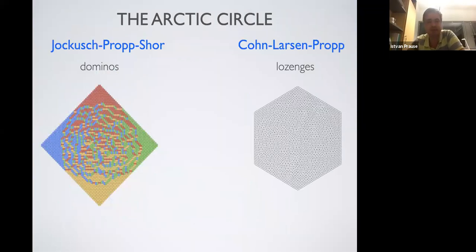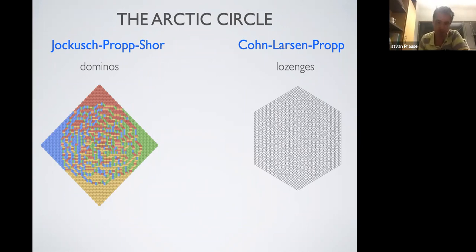So this formation of facets, what we have seen here, one of the starting points is the Arctic Circle phenomenon. We have this so-called Aztec diamond shape, but we again tile now with dominoes in a uniformly random way. There can be horizontal or vertical dominoes. Here, in fact, there are four different types of dominoes because you can orient them as well.